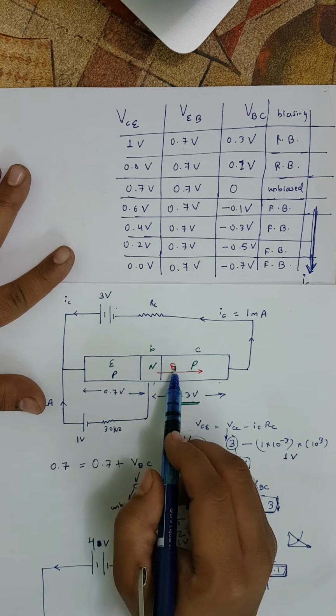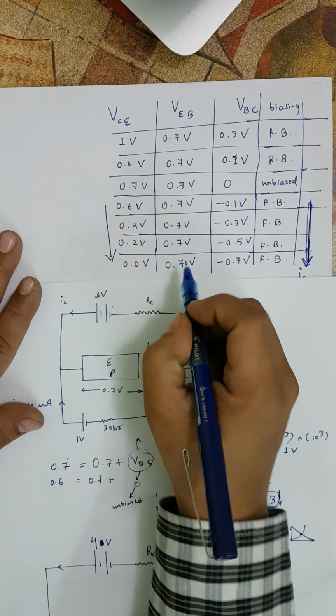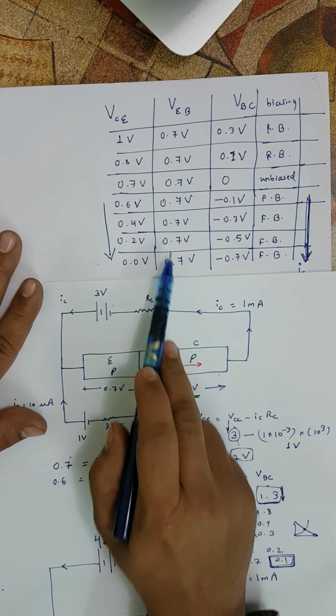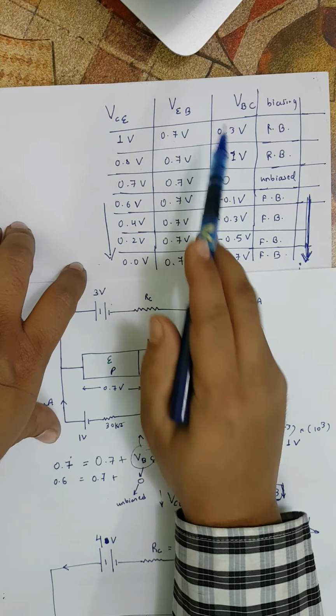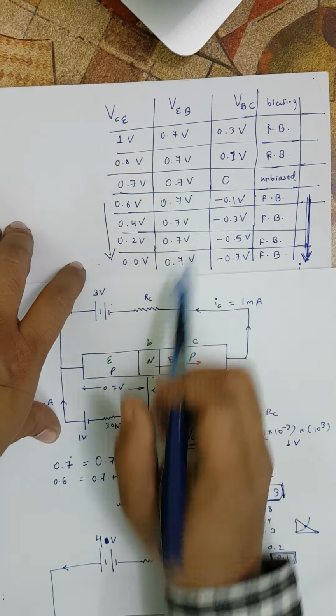For example, if this VCE is 0.6, this 0.7, this becomes minus 0.1, and as we keep on decreasing this VCE, we are maintaining this constant voltage across the emitter base PN junction, 0.7. Then this VBC becomes negative, and it becomes more and more negative. In fact, when VCE becomes 0, it becomes a very high forward bias.